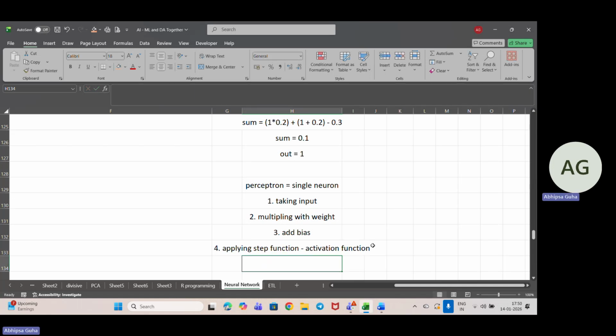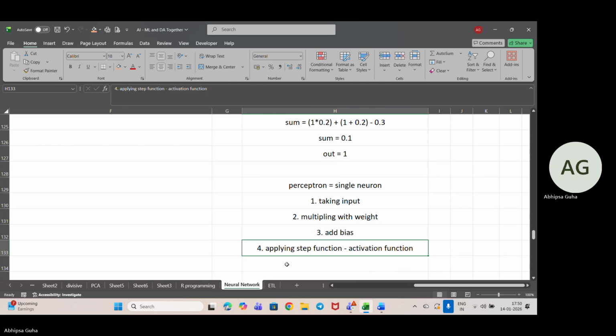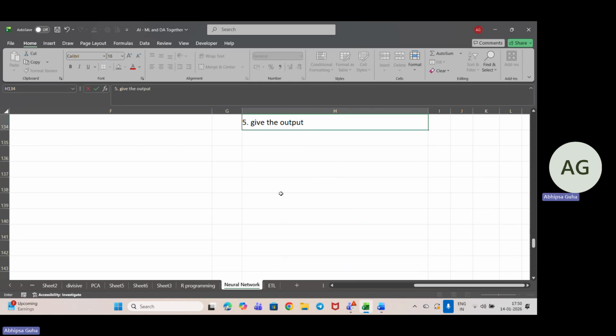Then it is giving the output. This is how it is going.